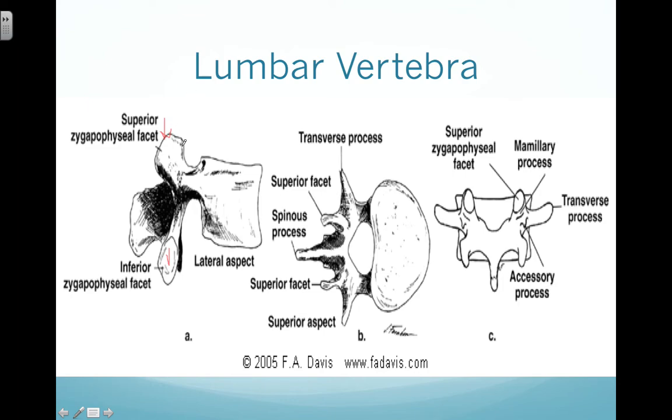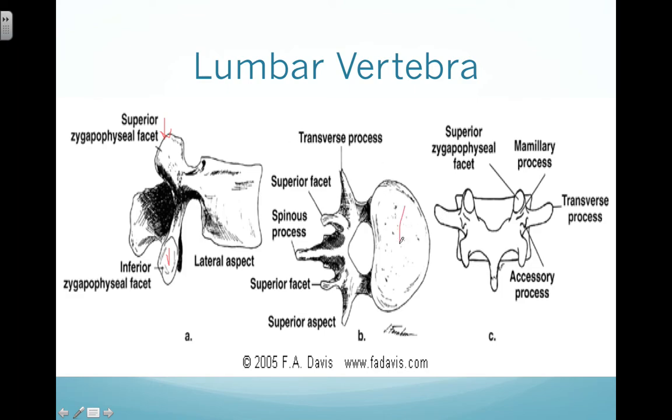And then the superior facets face posterior and medial. And then just taking a second look at that, the anterior aspect of each joint lies in that frontal plane to resist shear, and the posterior aspect lies really close to that sagittal plane. So we'll call this a biplanar orientation.